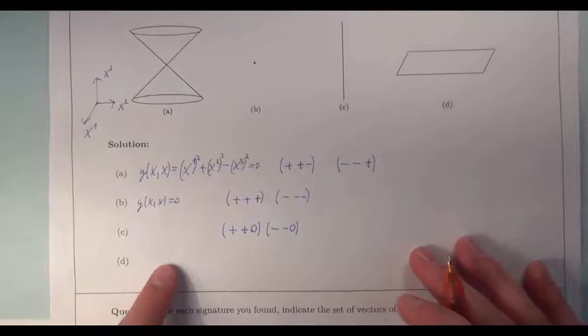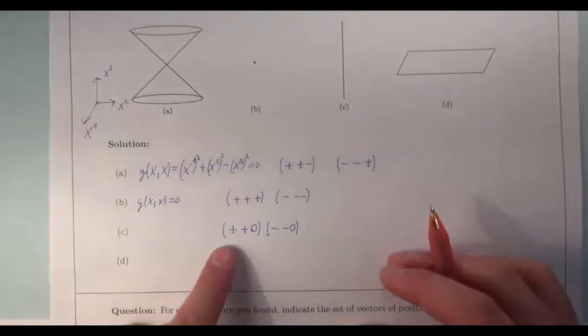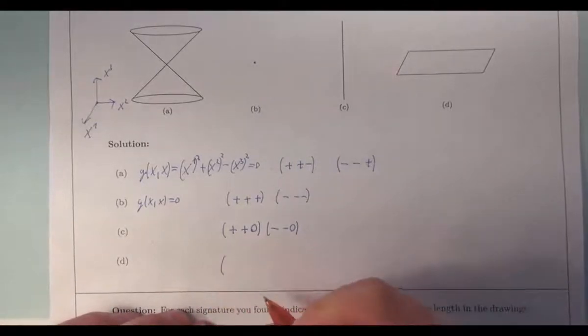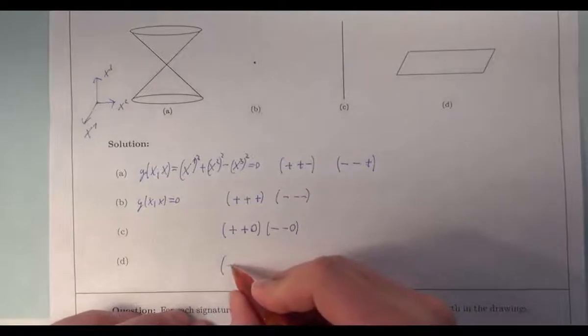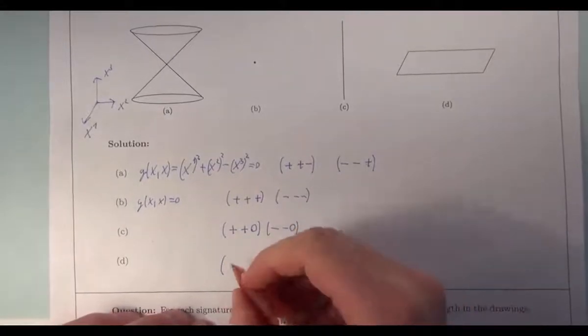In case D, we see the plane. The argument is similar, but a little bit different to case C. In this case, we have, let me think about the right correction, 0, 0, plus, or 0, 0, minus.